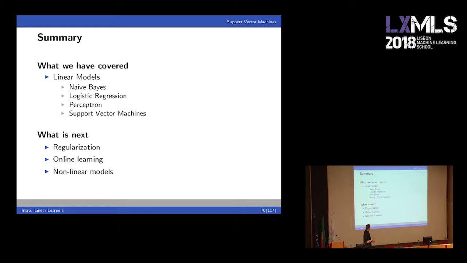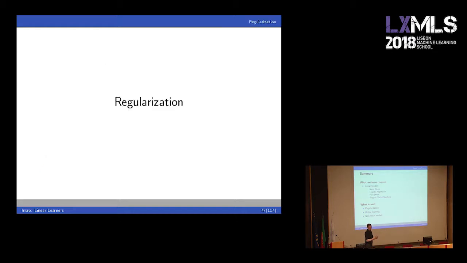Then other techniques like online learning make sure that the algorithms are as efficient as possible. And then in the last section, how can we infuse non-linearity in our simple linear models without giving up all this nice machinery of convex optimization that we used so far.